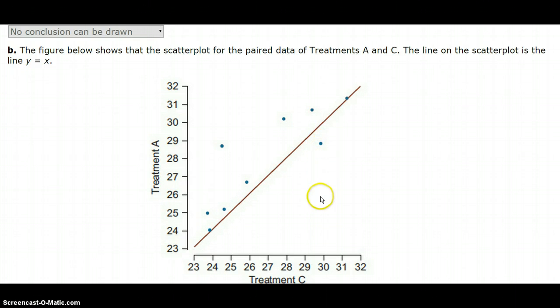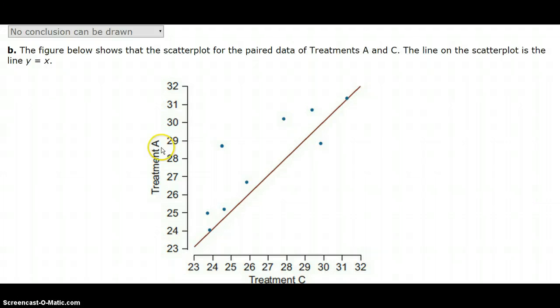Well, this patient had a little under, let's say, 29 or 30 for treatment C and 28 something for treatment A. So we would think that it's lower for treatment A, and indeed it is lower. We can tell because it's below that line.